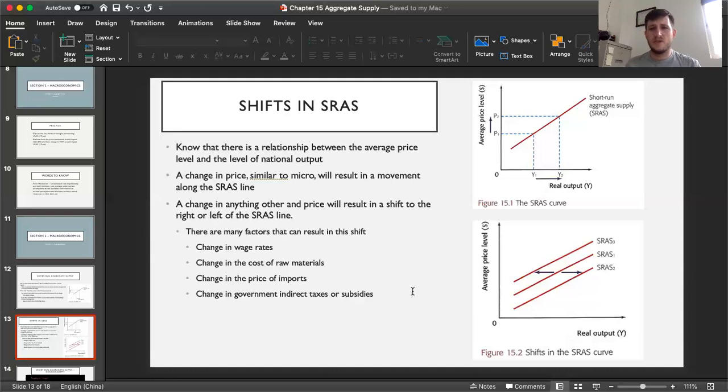So similar to micro, similar to what we've previously talked about, a change in price is going to result in movement on the short run aggregate supply line, whereas any of these changes will result in a move of the short run aggregate supply line.